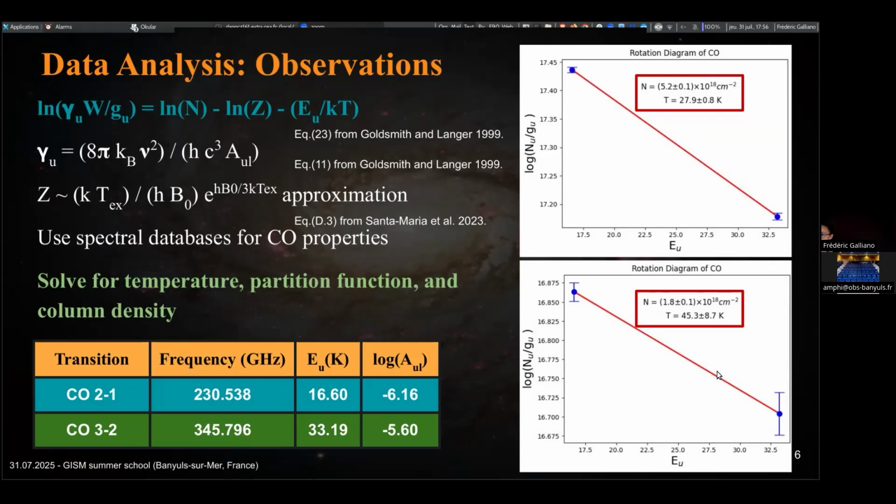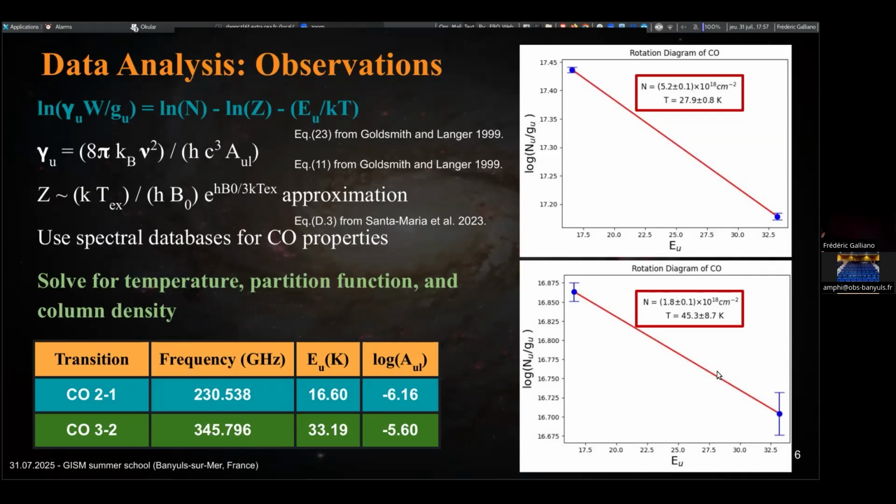And from this, we could plot these rotational diagrams seen here. These are from the two regions chosen, and the two blue dots are for the CO transitions. And the linear fit itself gives the temperature. It's important to note here that, of course, two lines can always be fit with a linear fit, but we consulted the literature, and we confirmed that we could use the LTE approximations here.